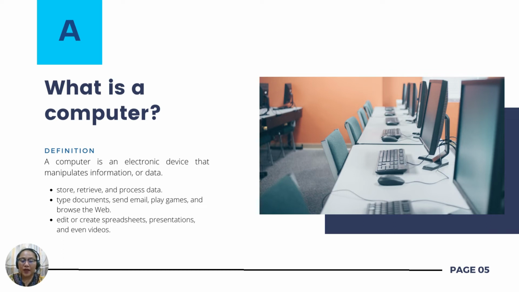So, when we enter a letter, when we enter a symbol inside the computer using our keyboard, when we click a certain command on our screen using our mouse, we are sending these codes to our computer. Pero bakit pag prines natin ang H sa keyboard natin, ang lumalabas naman sa monitor ay letter H? Okay? Doon na pumapasok yung sinabi dito sa definition na a computer can manipulate data for it to be understood by the user.